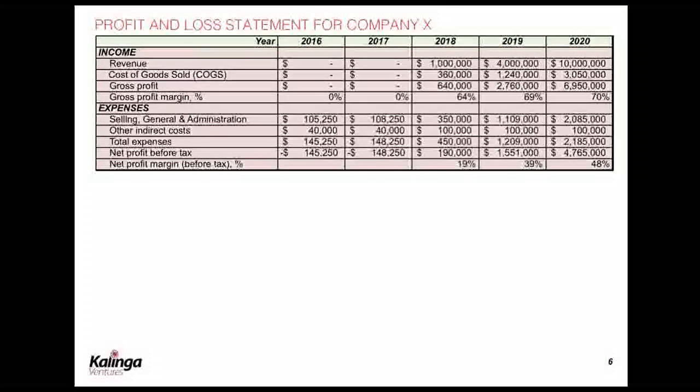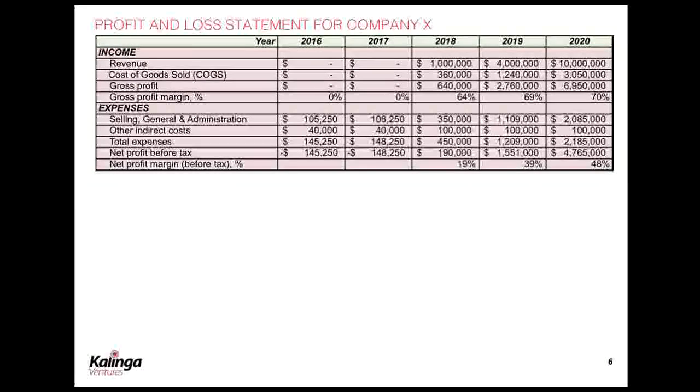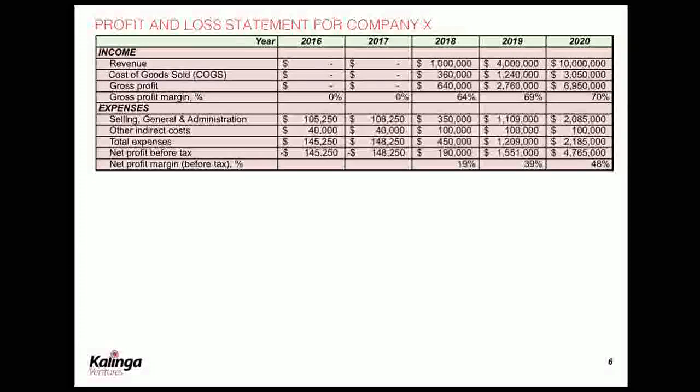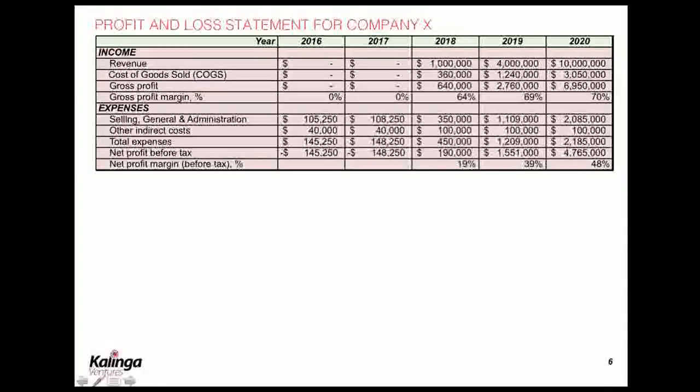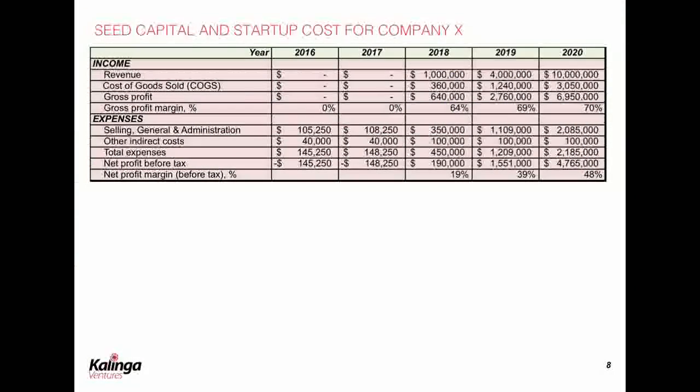Basically, how would you calculate the startup cost? When it comes to seed capital for this company, it would be, let's say, about $50,000. So the seed capital is $50,000.